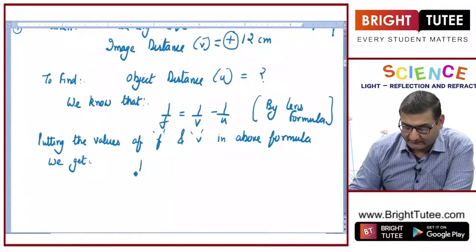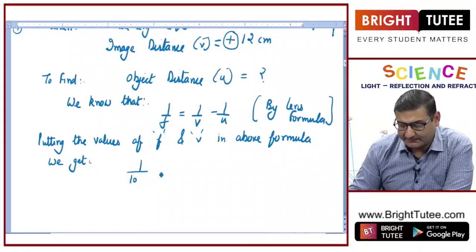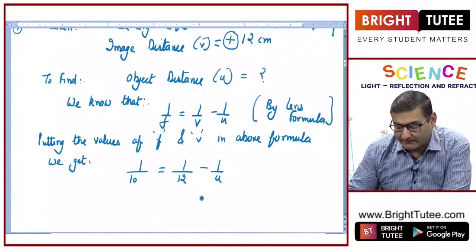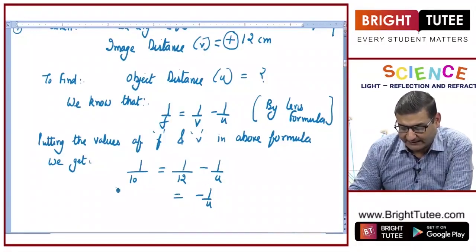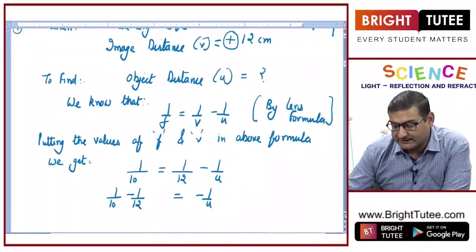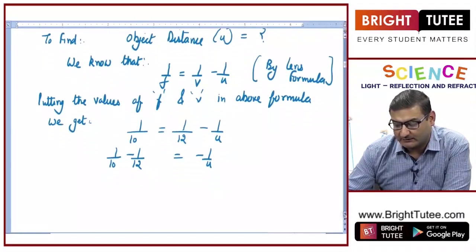So we get 1 upon 10 centimeters is equal to 1 upon 12 centimeters minus 1 upon u. Keeping minus 1 upon u here only, we will take 1 by 12 on the other side, and now it becomes 1 by 10 minus 1 by 12. Of course, in centimeters, we will use the units later on.